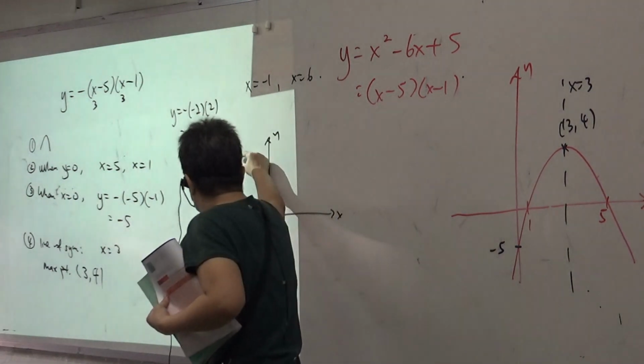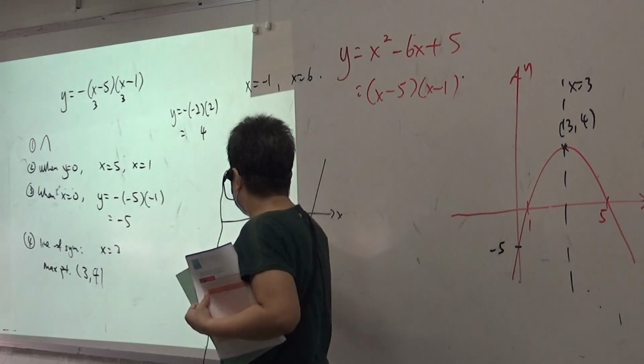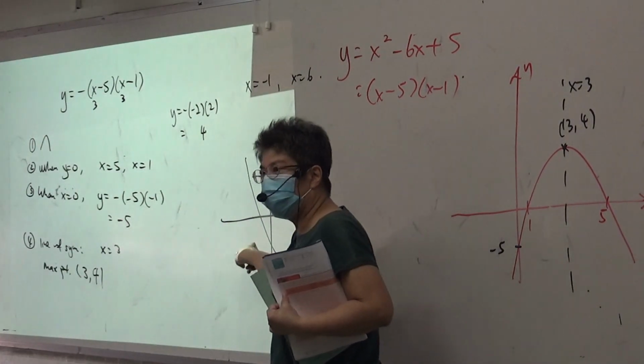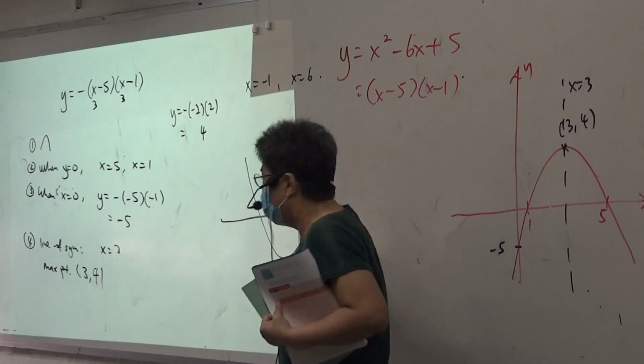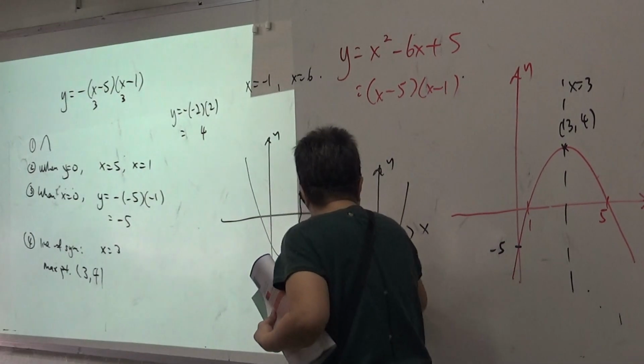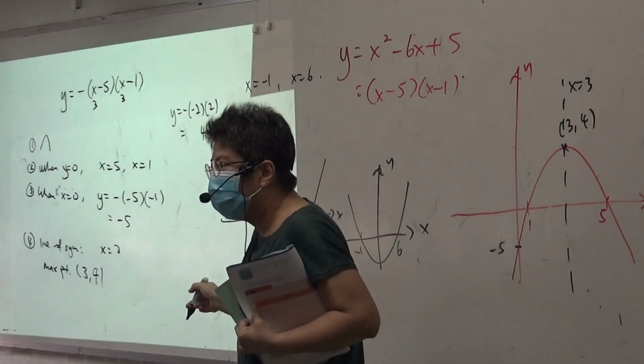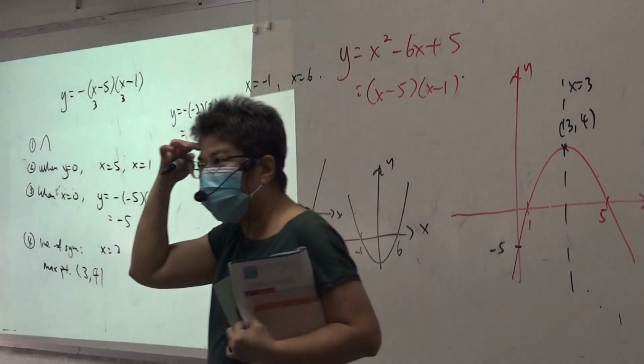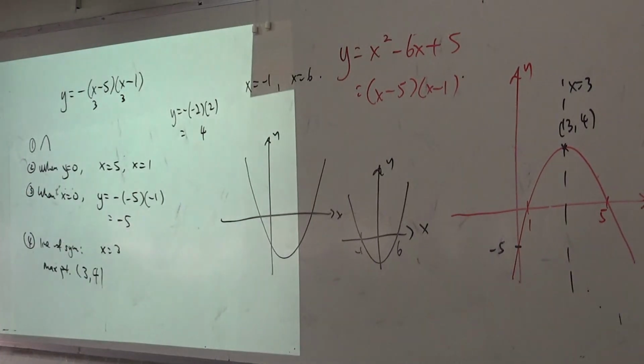That means the minimum must be nearer to this one, further, right? Because it's negative 1, 6, you cannot draw it symmetrical like that, that is rubbish. Do you understand what I'm talking about? At least you must have a sense of proportionality. Do you get what I'm talking about here? Yes or no? Okay, good.